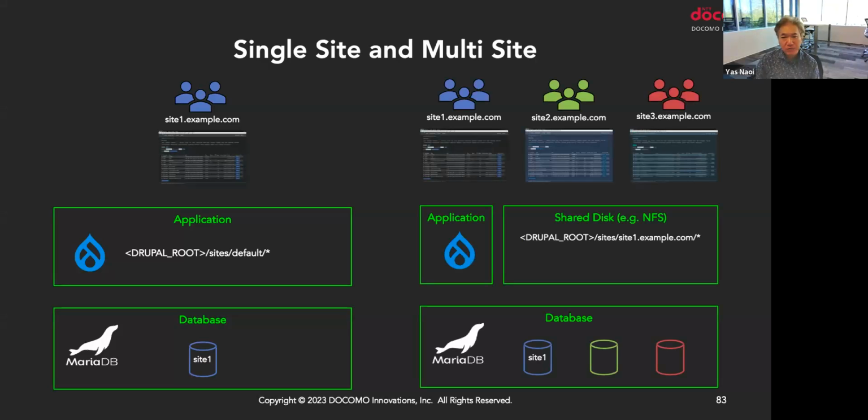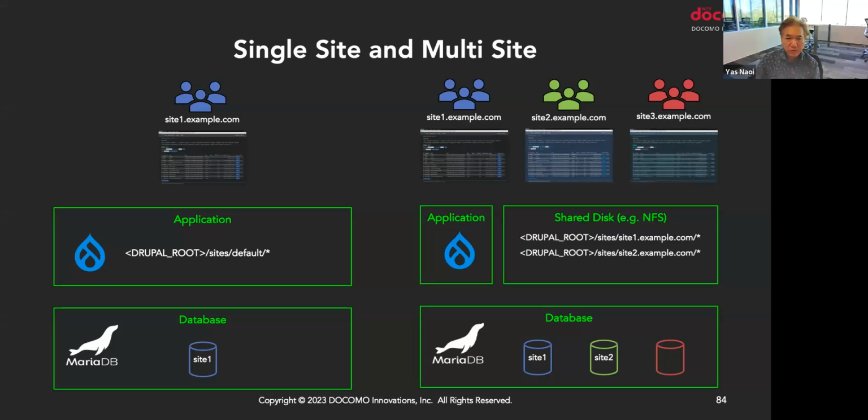If we want to deploy site1.example.com, create a directory site1.example.com under the /sites directory, which is the same level directory as /sites/default. And we set up settings.php under the site1.example.com directory.